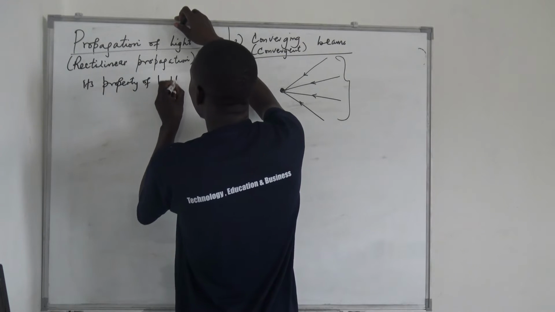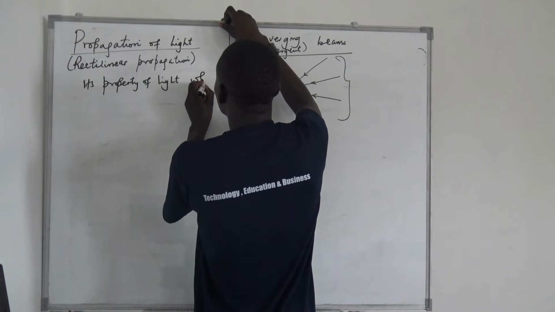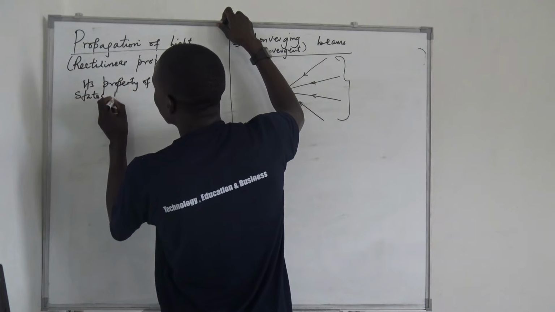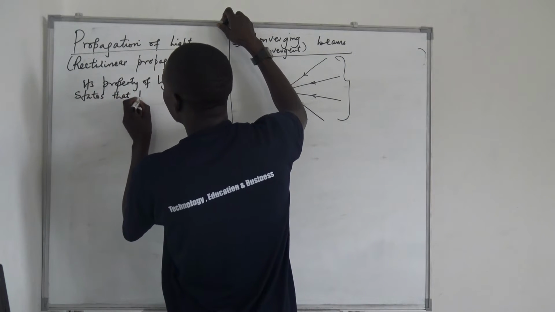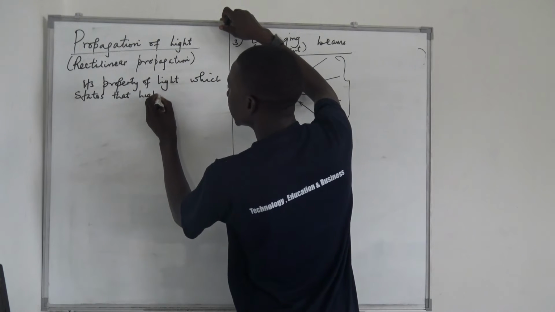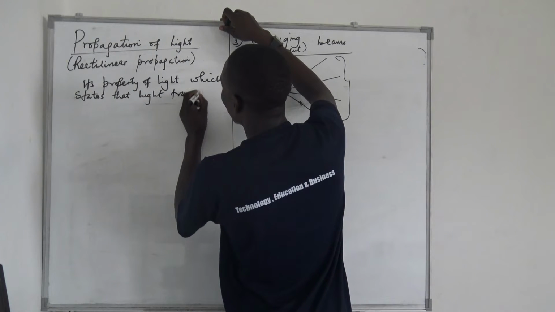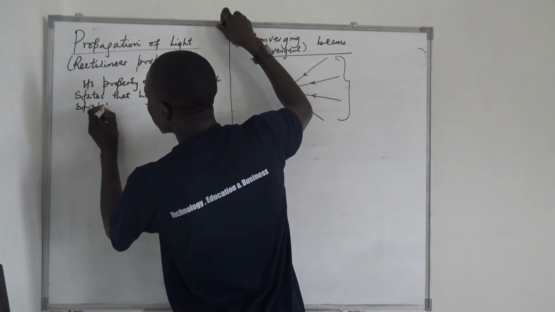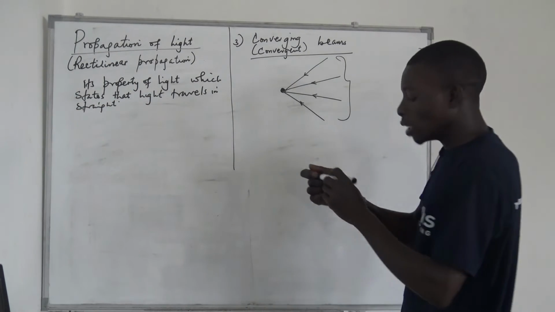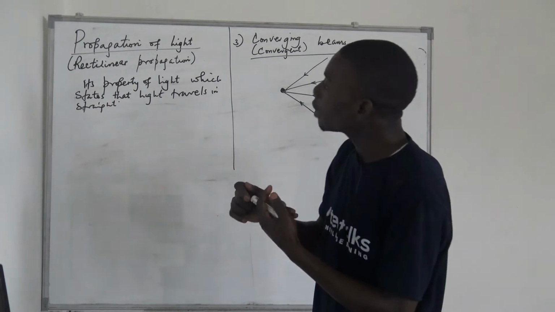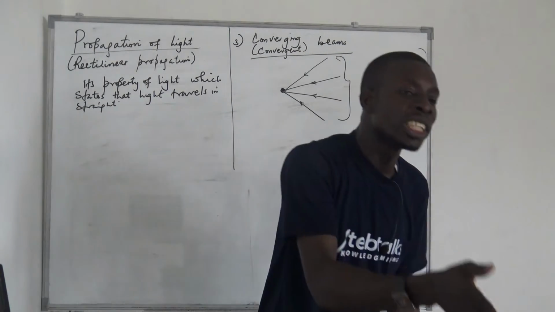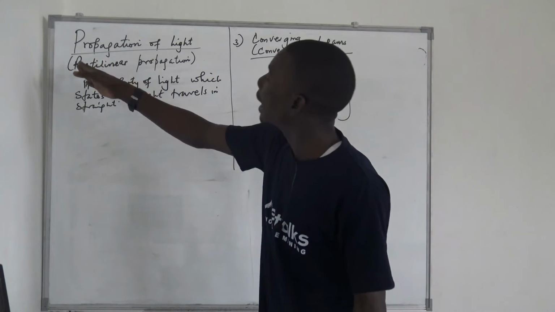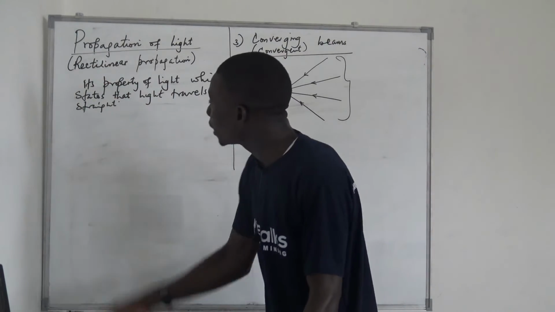So it is a study that reveals that when light is moving, it moves in a straight line. That's what we call rectilinear propagation of light.